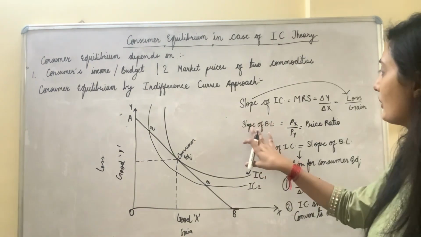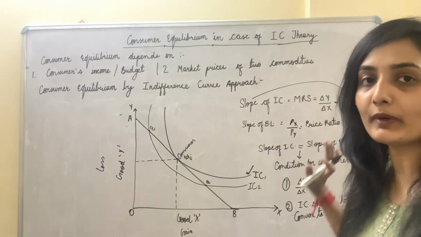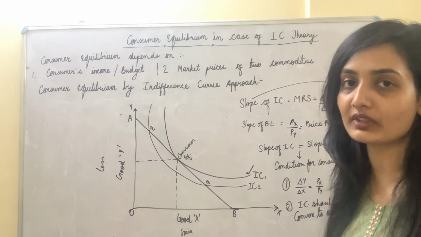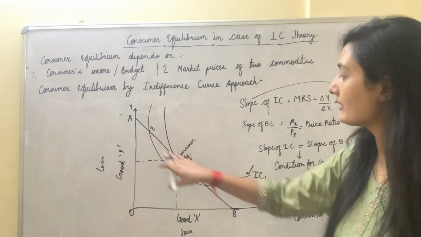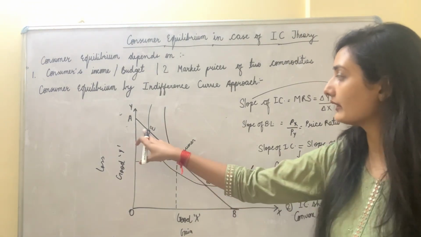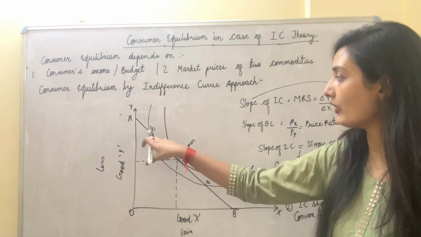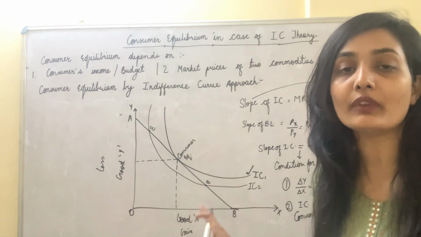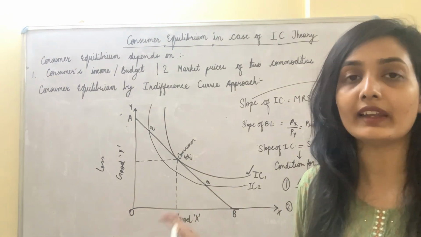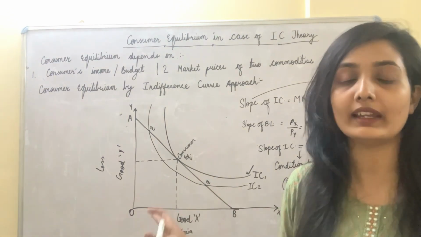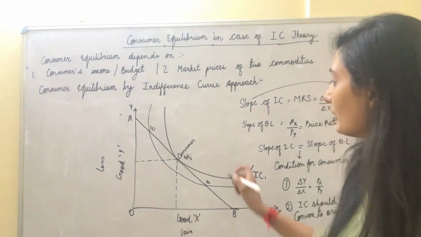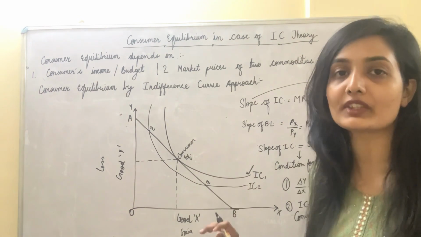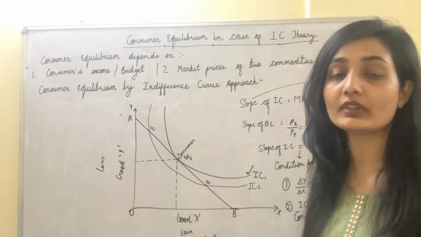These are the two conditions: slope of indifference curve equals slope of budget line, and indifference curve should be convex to origin. The other two points are giving equal level of satisfaction, but as a higher indifference curve shows higher satisfaction, this point is showing higher level of satisfaction with fuller utilization of our income.